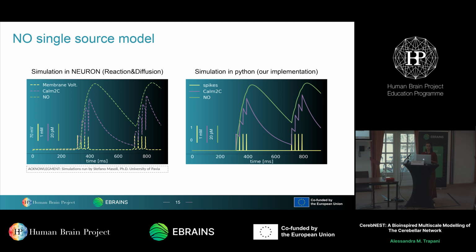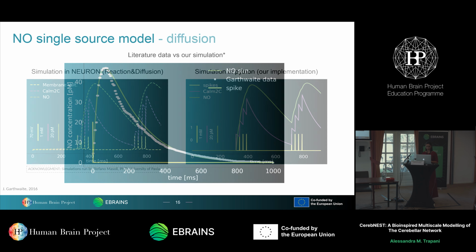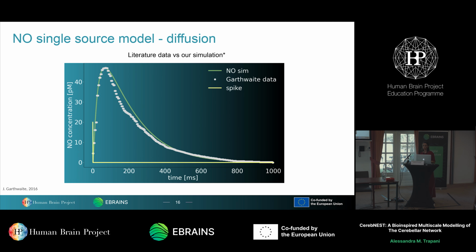And here there is an example of the resulting nitric oxide concentration produced from one source stimulated with a 100 millisecond burst at 40 Hz. While here we compare the result for the diffusion from a single source stimulated with a single spike obtained with our implementation, the one shown in green, versus the results obtained by Garthwaite in 2016.